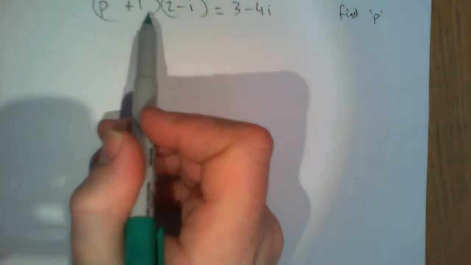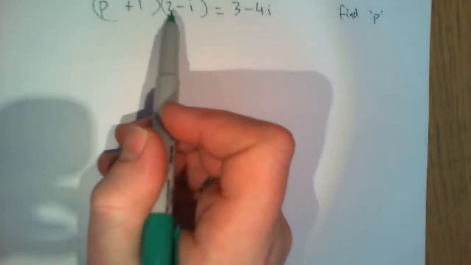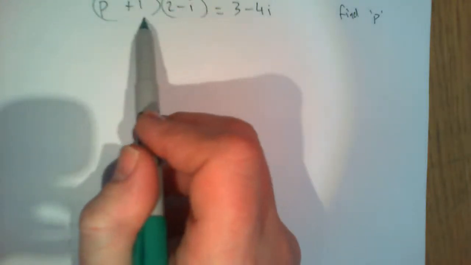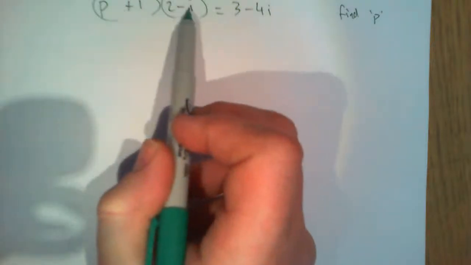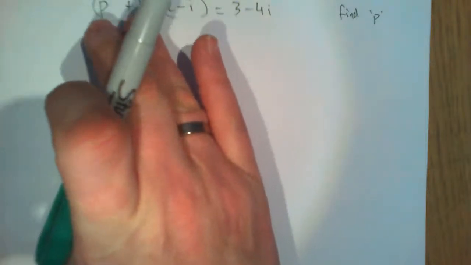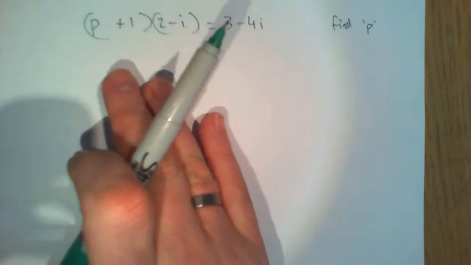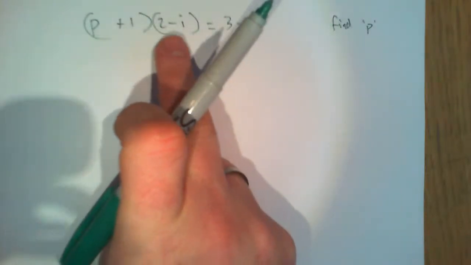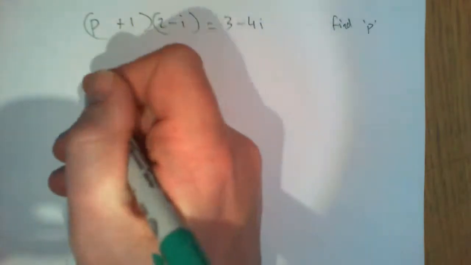So if I want to find p, I'm going to have to get p on its own. The first thing, there's a multiplication. In order to get at least this bit on its own, would it make sense to divide both sides by 2 minus i? So let's do that.